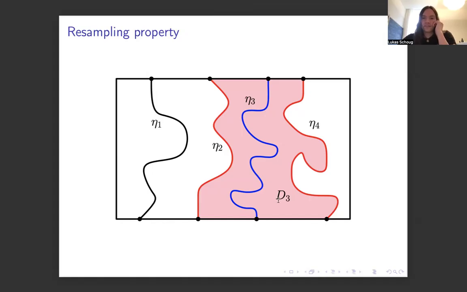So we say here that D3 is the domain in the complement of all of these curves. If we ignore eta 3 here and we look at all of the other curves, then D3 is the component in the complement of the other curves which contains eta 3.